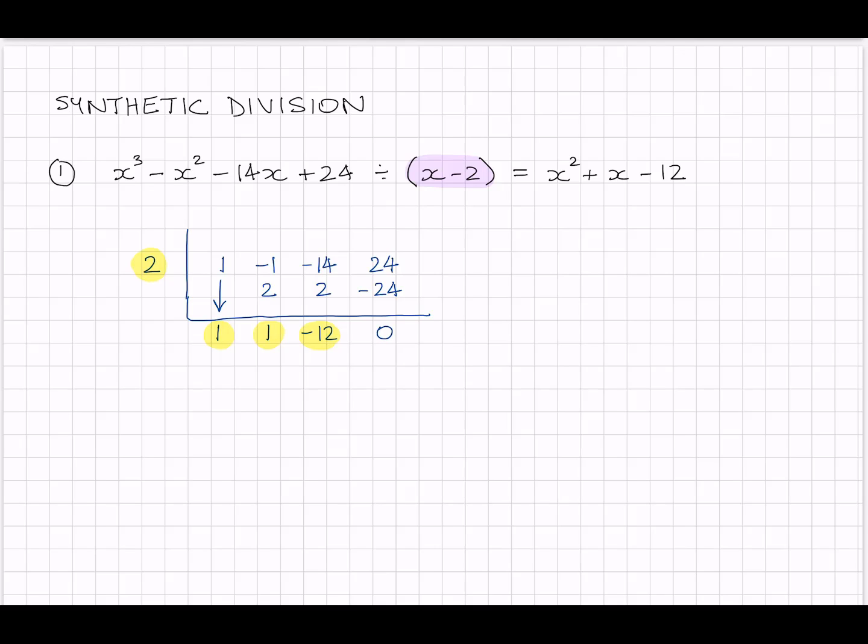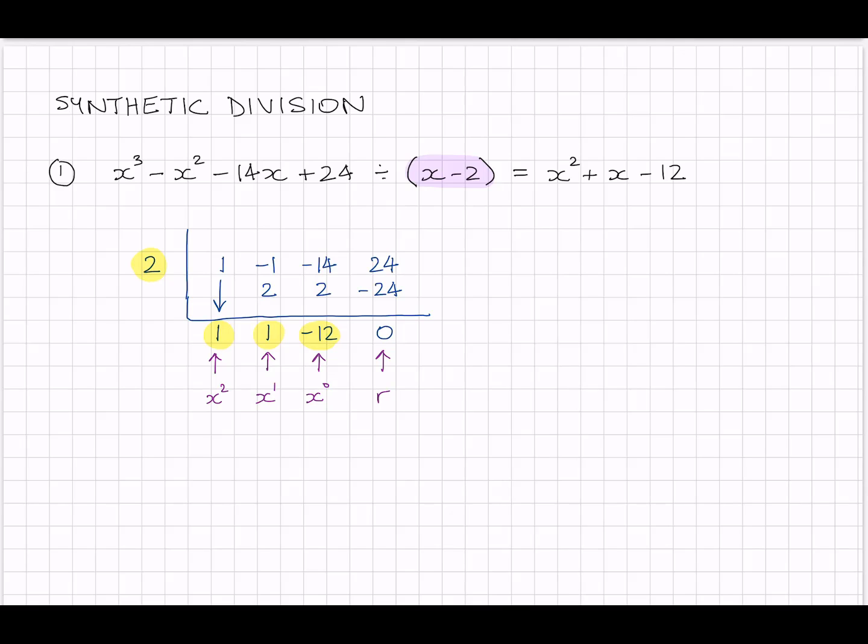Now, the way that we can interpret this synthetic division process is each of these numbers that end up down the bottom represent something. So the first number represents the coefficient of x squared, then the coefficient of x to the 1, then the coefficient of x to the naught, and this final number will be the remainder.